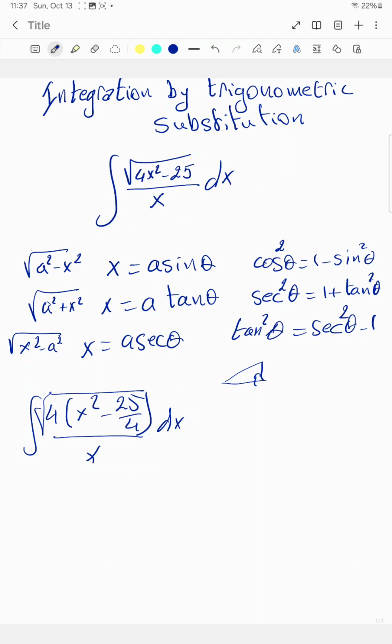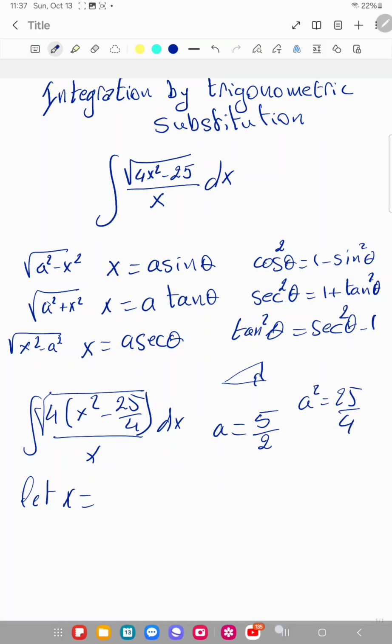So I can say let x equal a sec theta. When I have x squared minus a squared, I take x equal to a sec of theta.